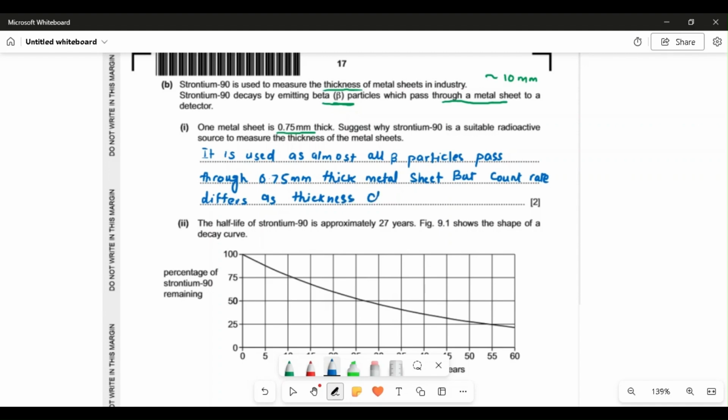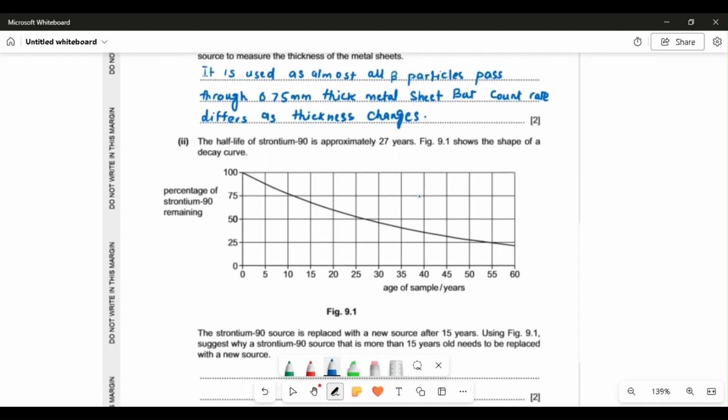So as thickness changes, the count rate will change. A higher count rate shows thinner metal, and a lower count rate shows a thicker metal plate.